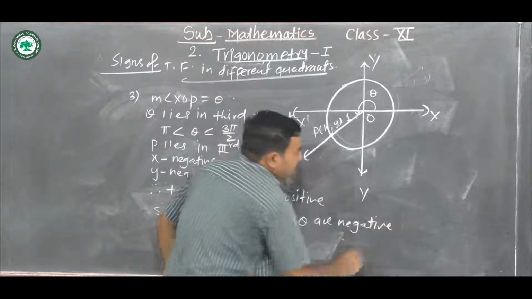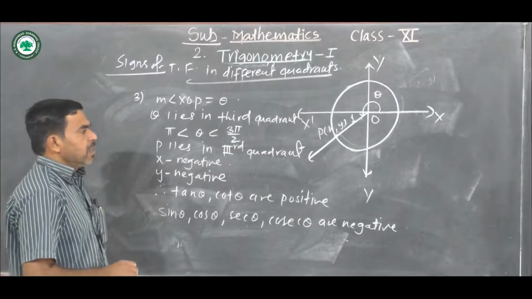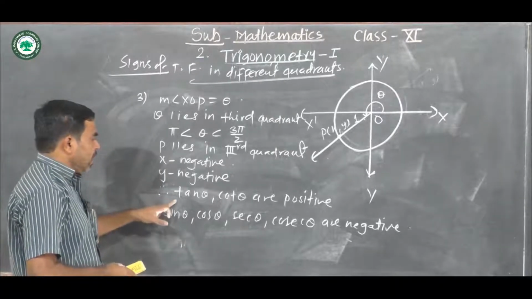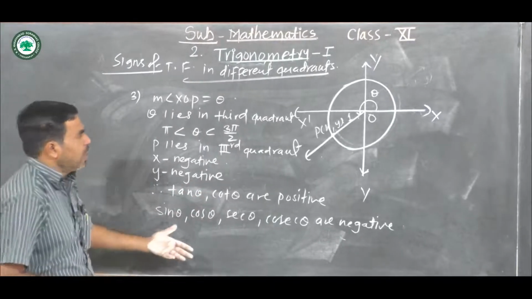So remember, in first quadrant all are positive, in second quadrant sin theta and cosec theta are positive, remaining negative. In third quadrant tan theta and cot theta are positive, remaining ratios are negative.